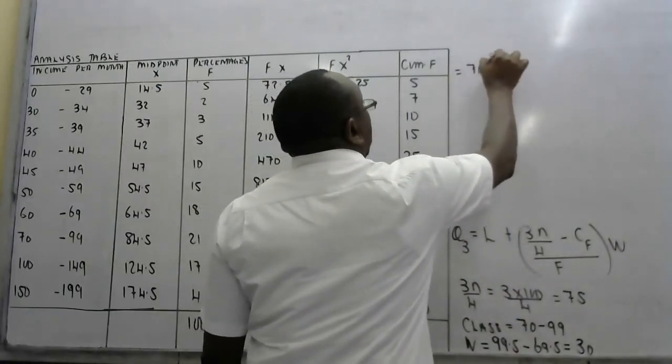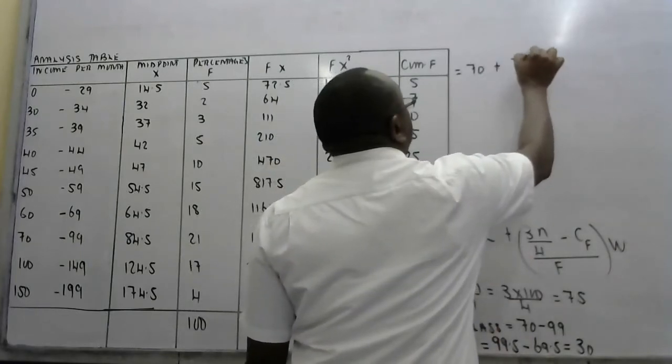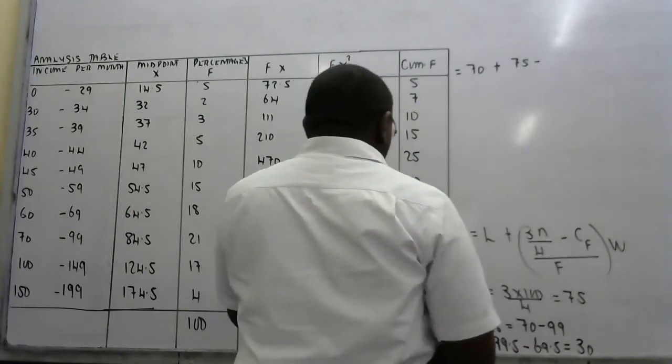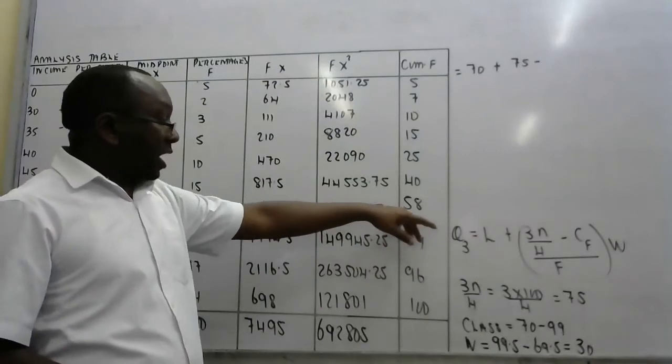70 plus 75 minus the cumulative frequency above. The cumulative frequency above is 58.